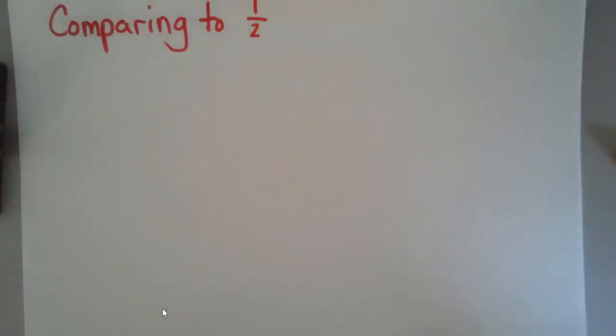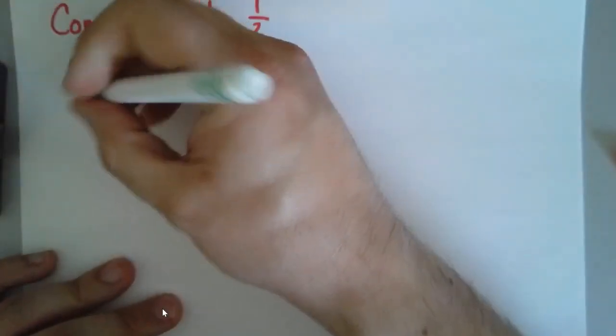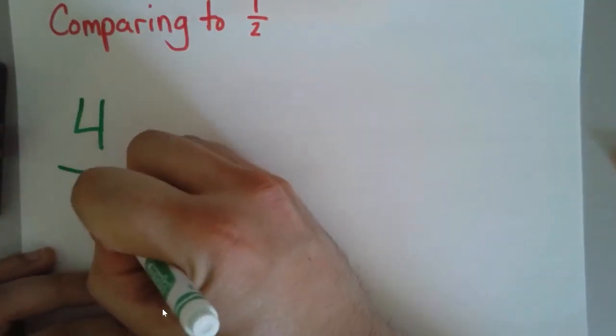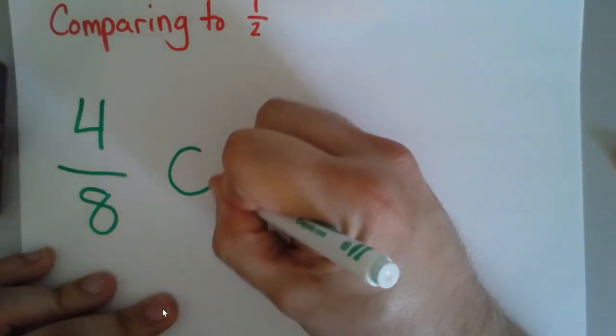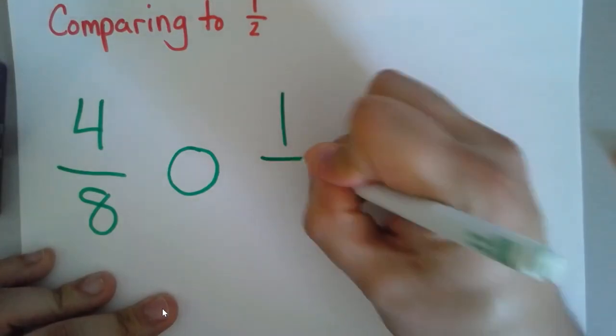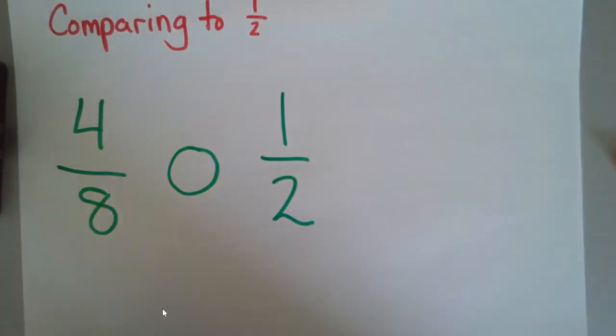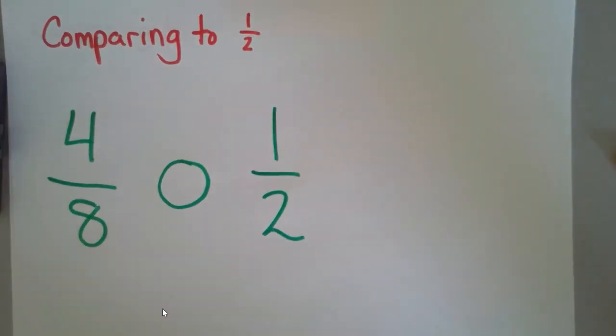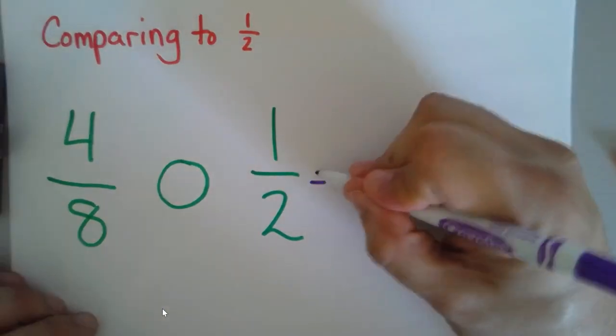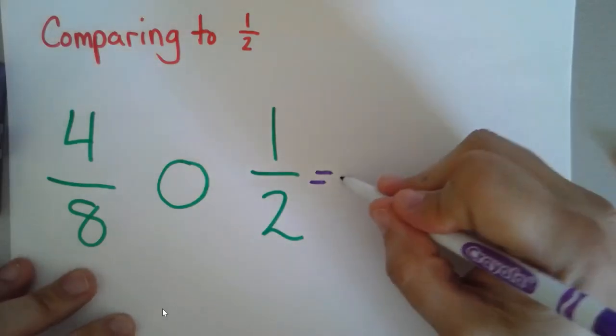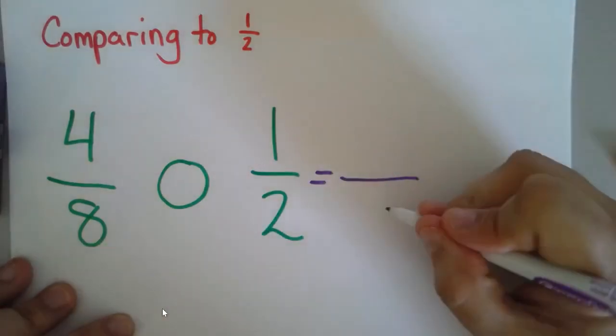Let's try one more example of this type. Let's say I had 4/8 that I wanted to compare to 1/2. Pause this and see if you can solve it right now. All right, so a fraction that's equivalent to 1/2 with a denominator of 8.